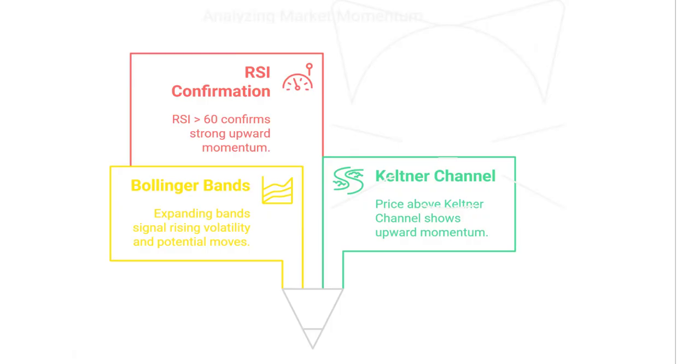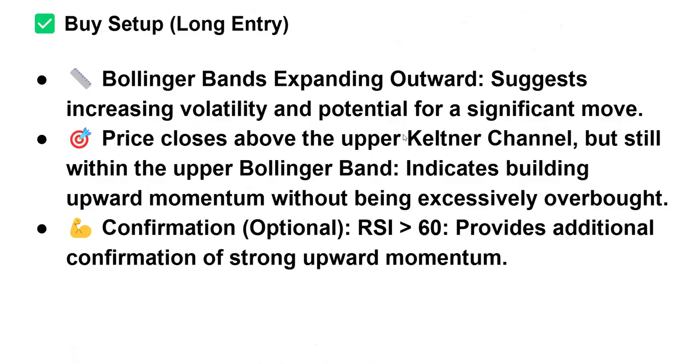So if the price stays above the Keltner channel, and Bollinger Bands and Keltner channel both are agreeing, and we are taking the consultation of RSI, and RSI is telling I am above 60, it indicates strong momentum. You can enter into your trade. This is the buy setup.